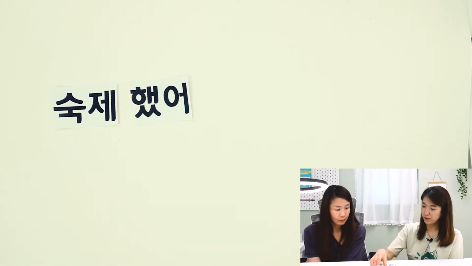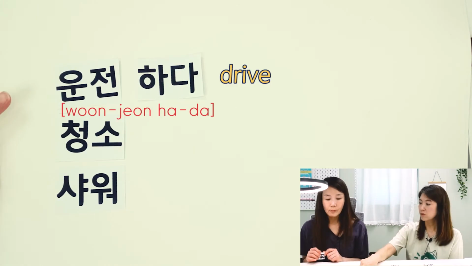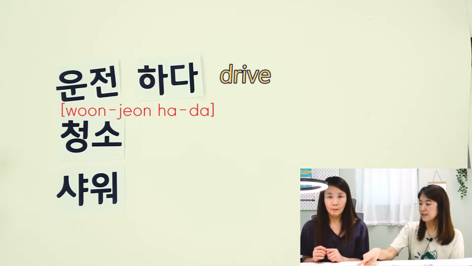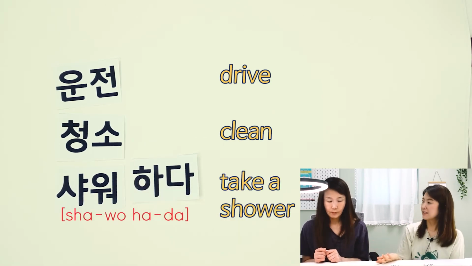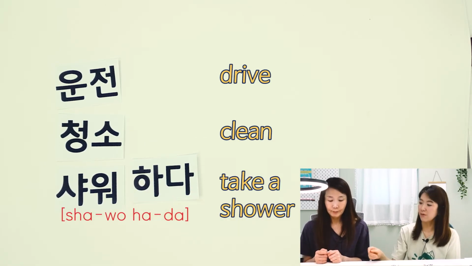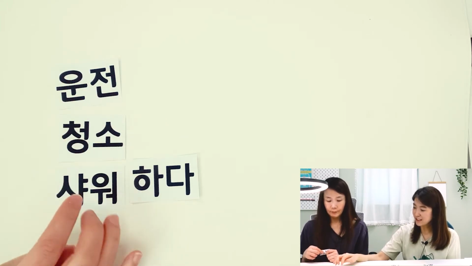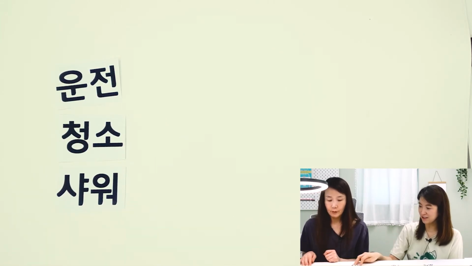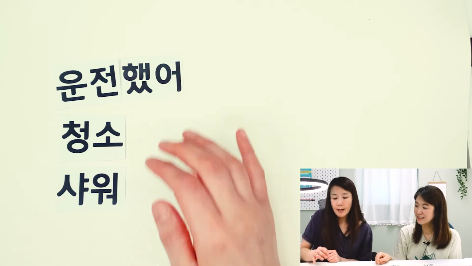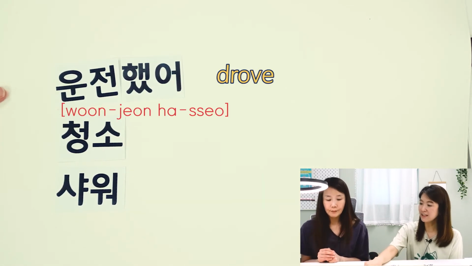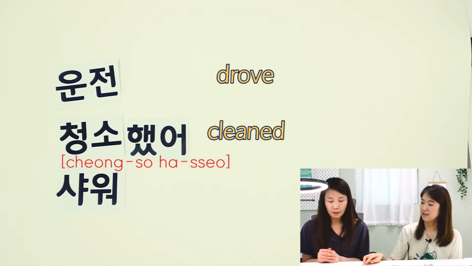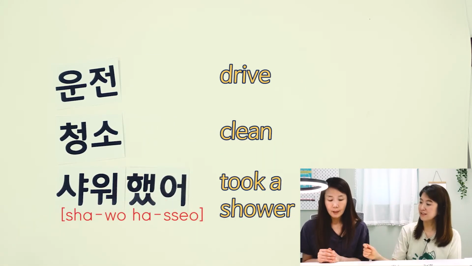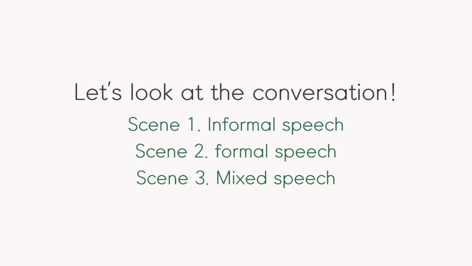We'll practice more about this. 운전하다 is drive. 청소하다 is clean. 샤워하다 is take a shower. If you want to change these three to past actions, we put 했어 right after. Then drove is 운전했어, cleaned is 청소했어, took a shower is 샤워했어.